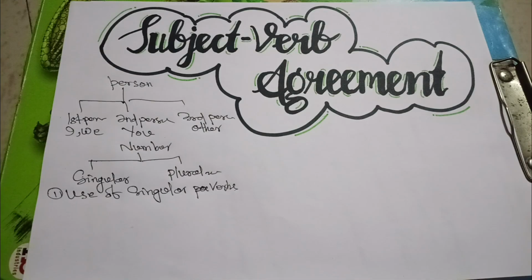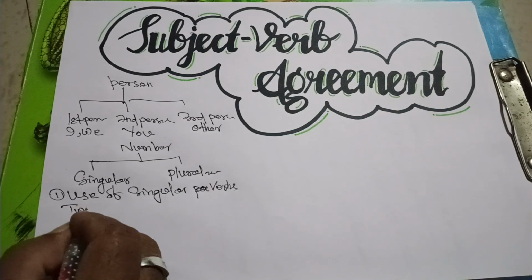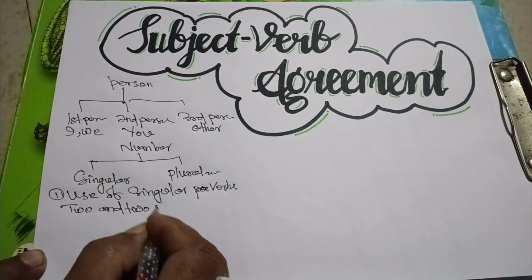First of all, in case of a mathematical expression, is or was are used, that is, a singular verb is used. For example, 2 and 2 makes 4.